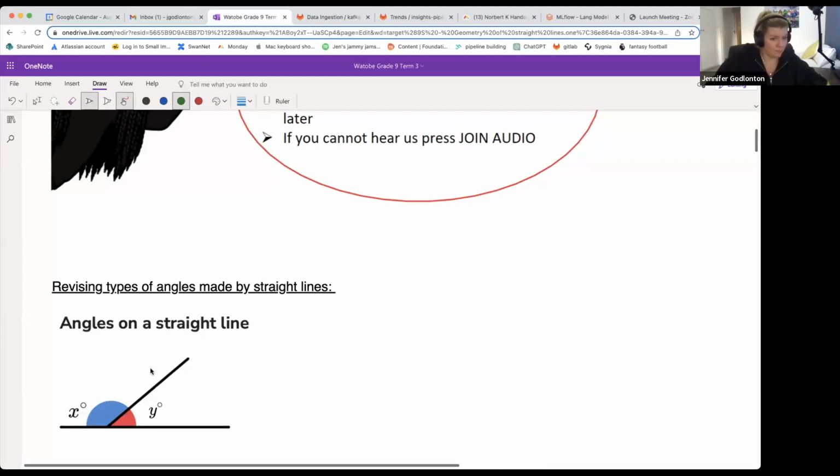Beautiful. Okay, so some of the things that you guys have said: you have told me that if we add them together, they would be 180 degrees, and you have used a really great word with that, which is supplementary. Supplementary means they add up to 180 degrees.